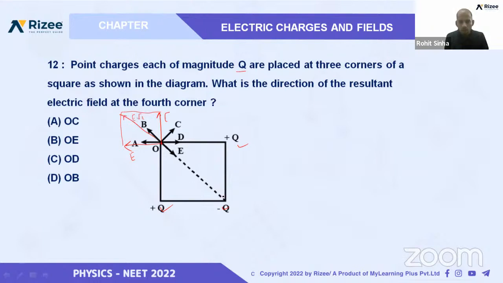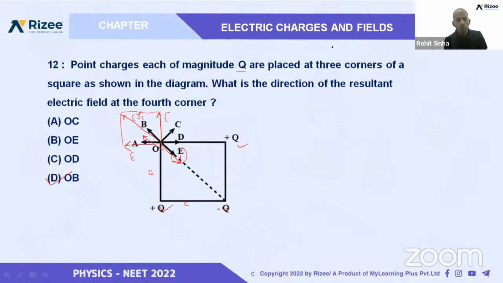Now, for this charge, the field will be along this direction, and it will be more than this one. So the net electric field will be along this direction, that is OB. You can find it by finding the distance from here. So the net direction will be OB. Any problem?